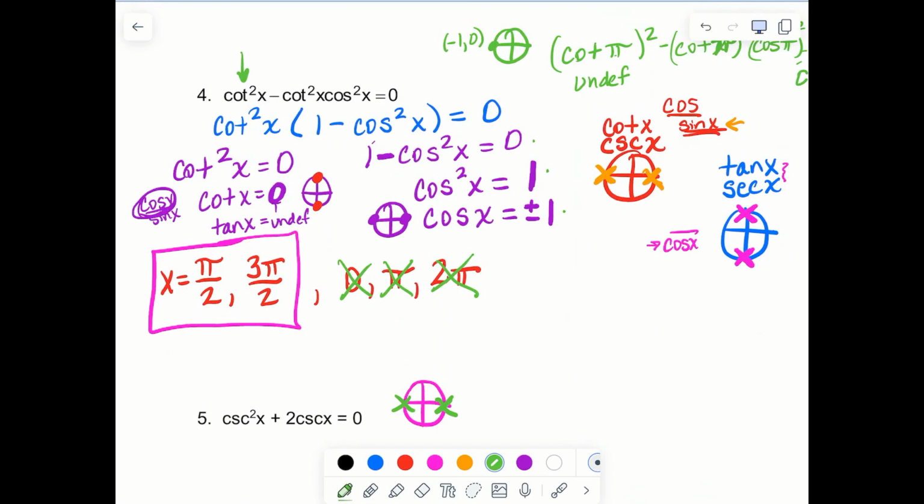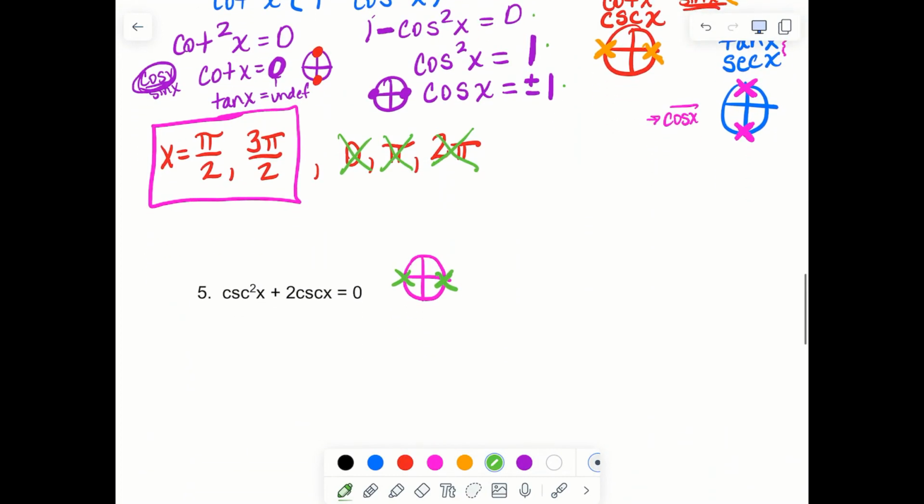It's only the quadrantals I have to worry about. I'm going to see what my answers are, and then if they are quadrantals, I'm going to make sure that I don't need to throw them out. I don't care which one you do. You just need to make sure you think of it. Whether you do it at the front end or the back end, that's up to you. You just can't forget.